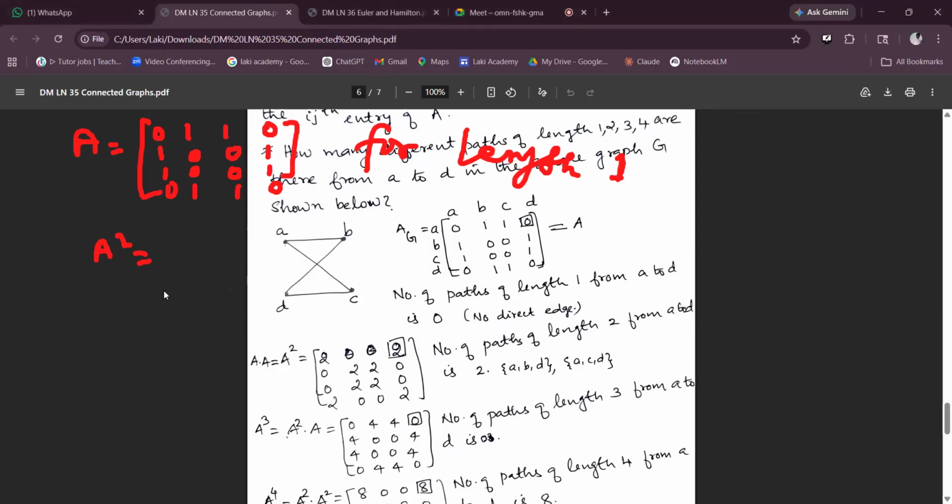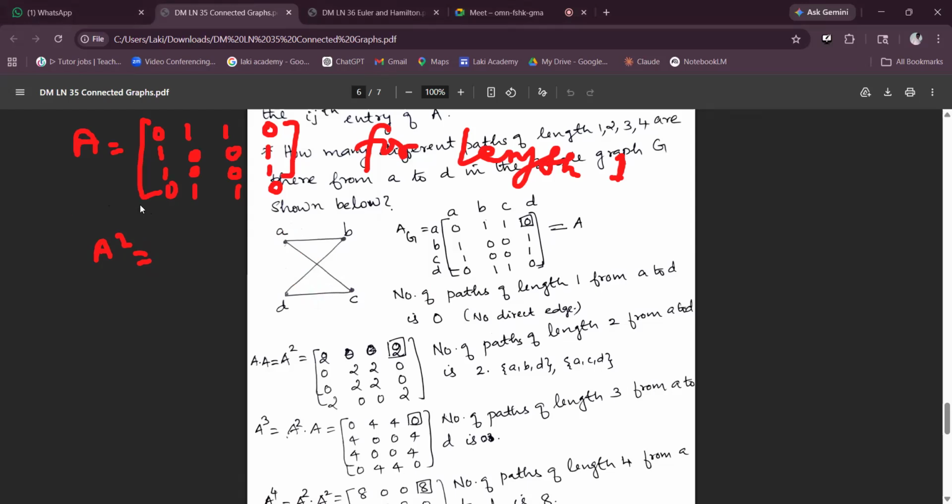You can go from A to D in eight ways. How? One, two, three, four, five, six, seven, eight. Understood?